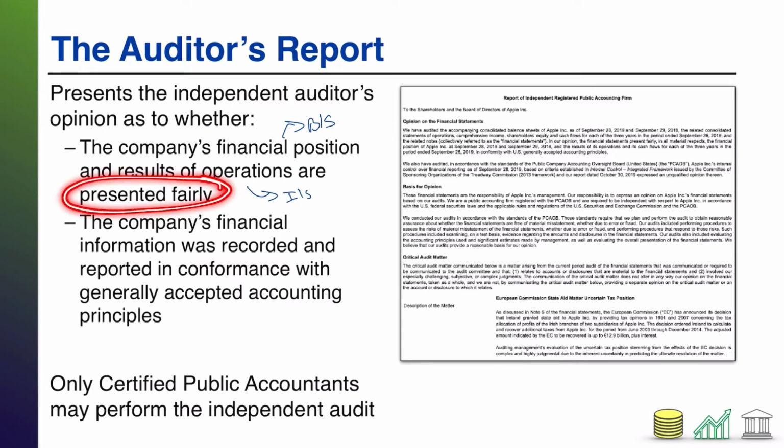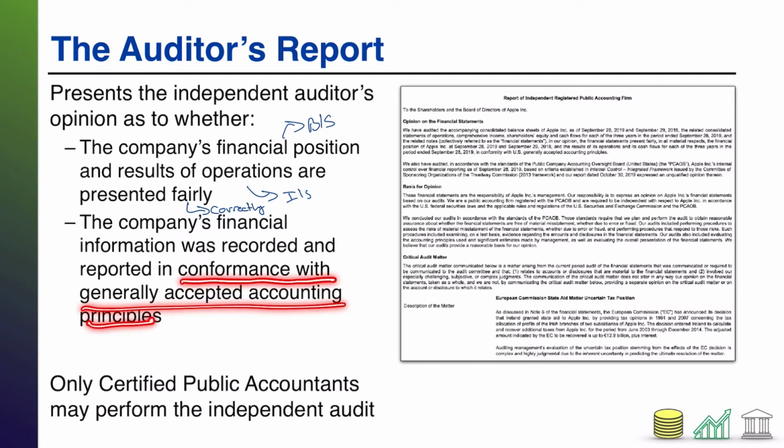And that phrase, presented fairly, is an odd phrase, but when you think about it, really all it means is correctly. The other thing that it says is whether or not the company's financial information was recorded and reported. That's accounting in essence, right? Recording and reporting of financial data in conformance with generally accepted accounting principles.